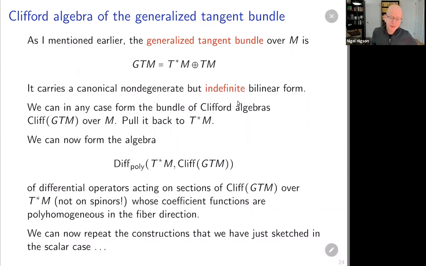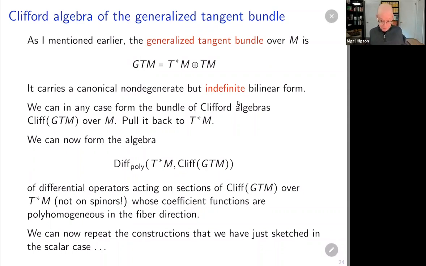And what I want to consider are differential operators acting on sections of the bundle of Clifford algebras. This is not the minimal thing you could do. After all, you could look at differential operators acting on sections of a spinor bundle for this bundle of Clifford algebras, but we're not going to do that. We're going to study exactly what's written in front of you, differential operators on the bundle of Clifford algebras, which are polyhomogeneous in the fiber direction.